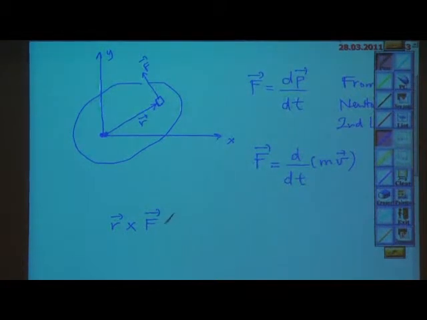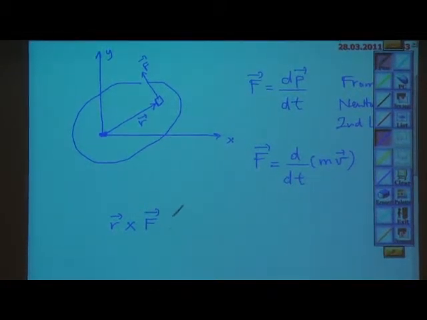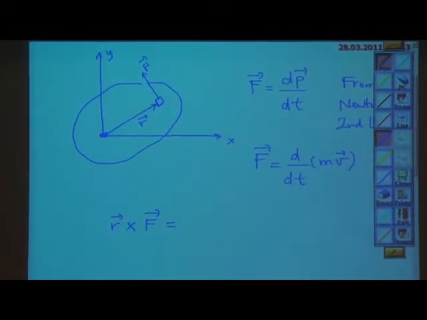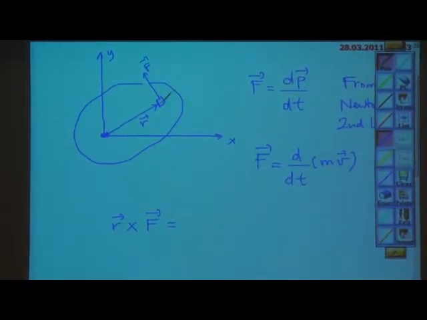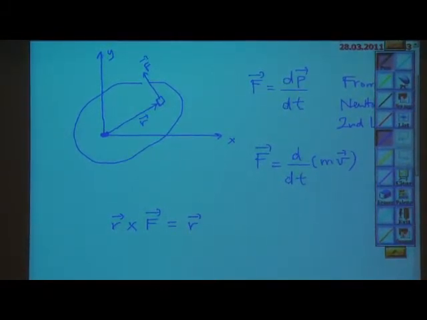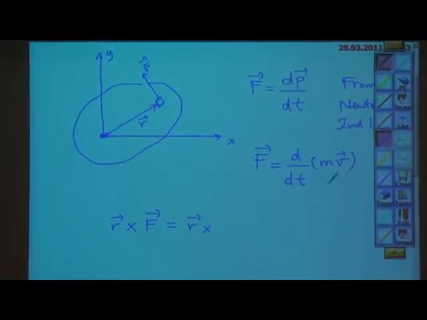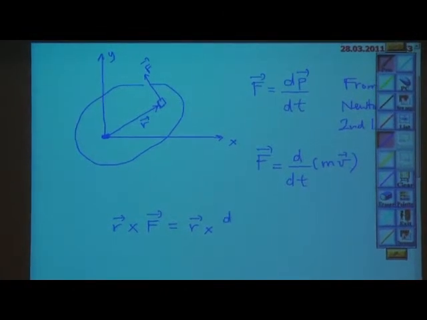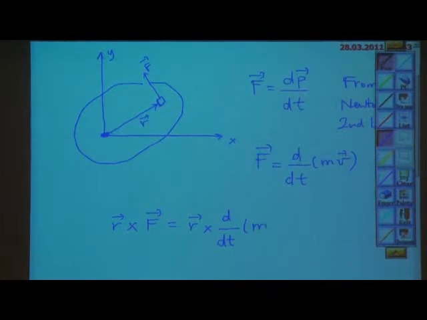So without questioning too much at this stage, the cross product of the position vector with the force is simply the cross product of the position vector with this time-varying quantity, d by dt of m times v.